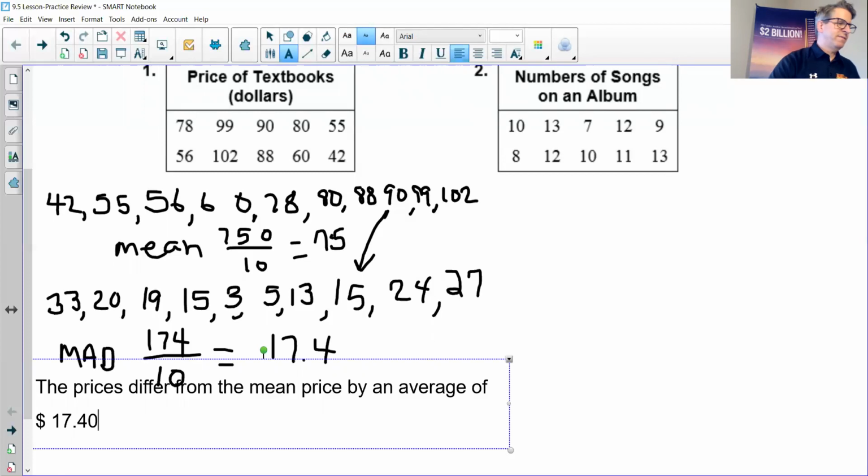The prices differ from the mean by an average of $17.40.